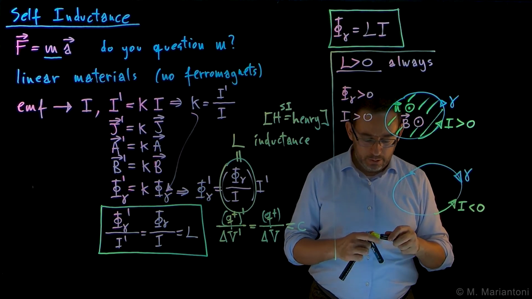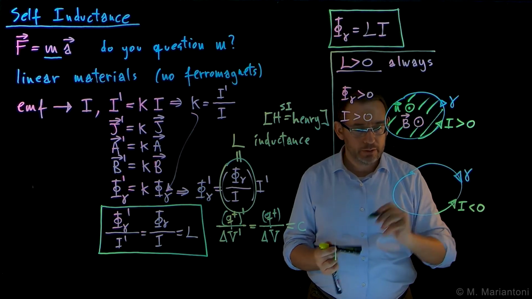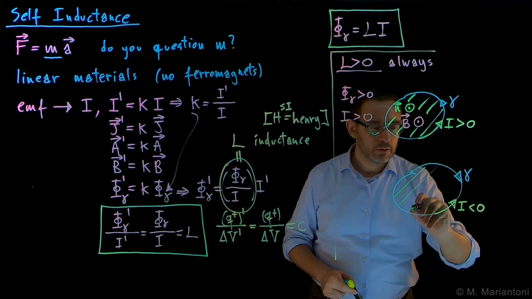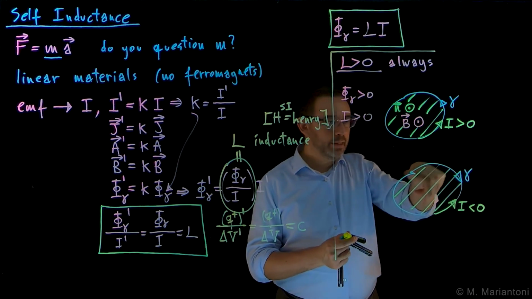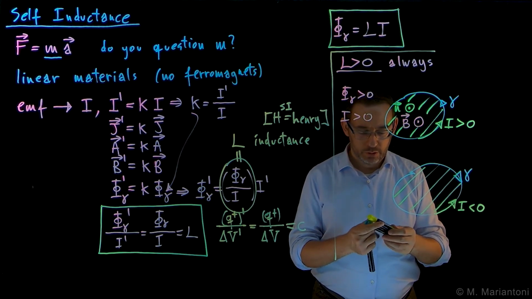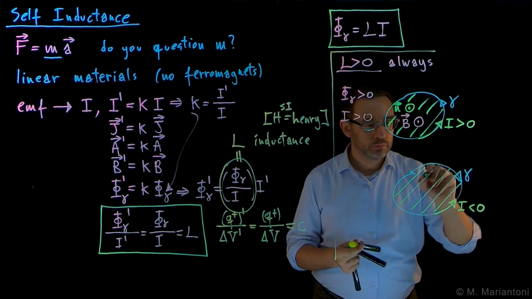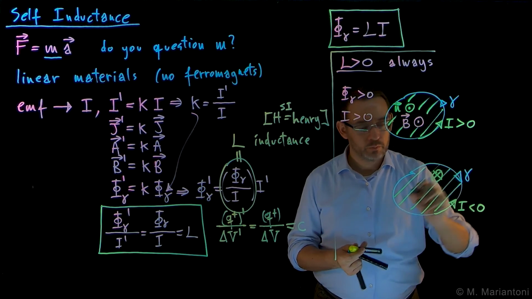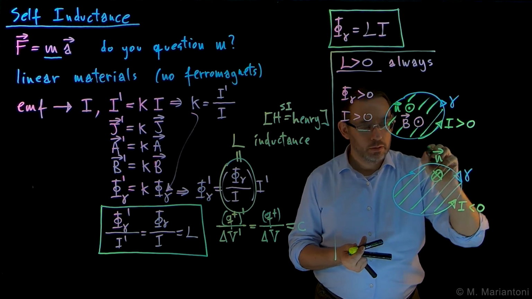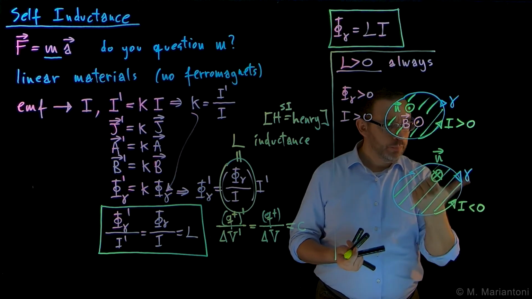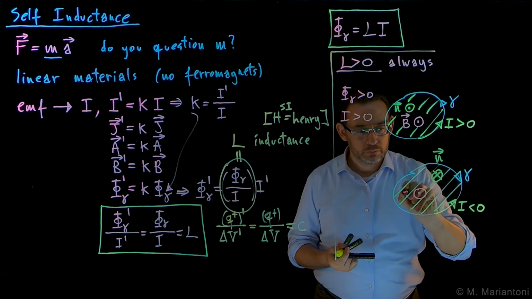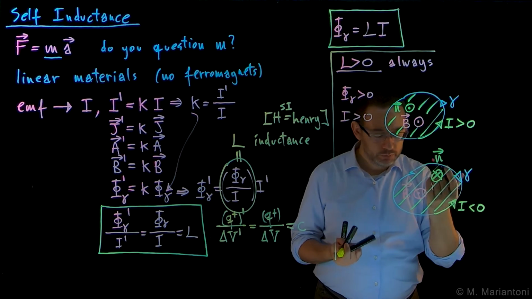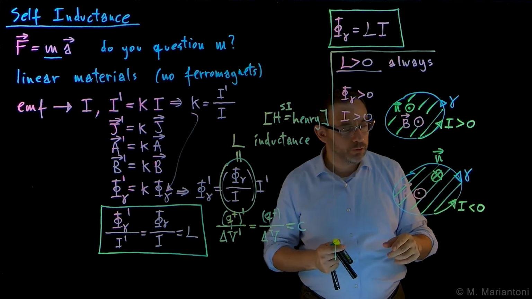Similarly, the n associated with this surface here now points inward. So it's like this. This is n. What about B? B still points towards me, because of the right-hand rule for the Ampère-Biot-Savart equation.